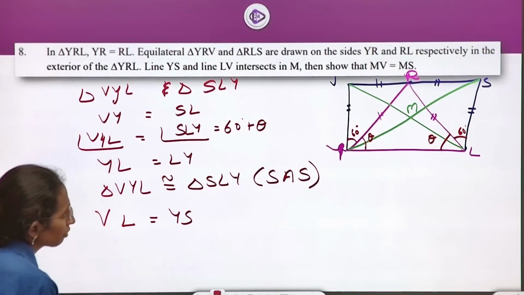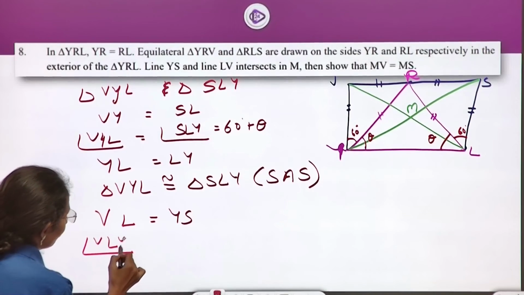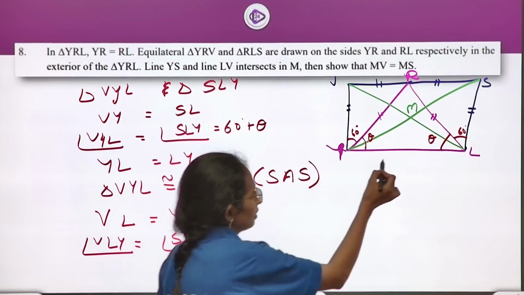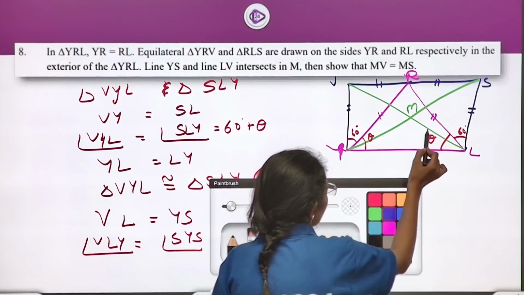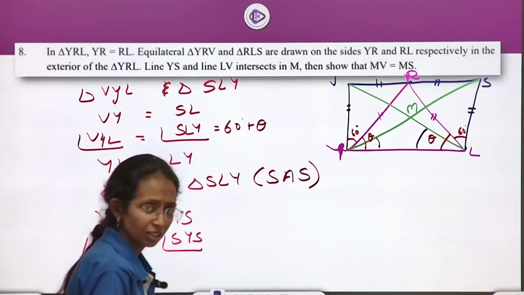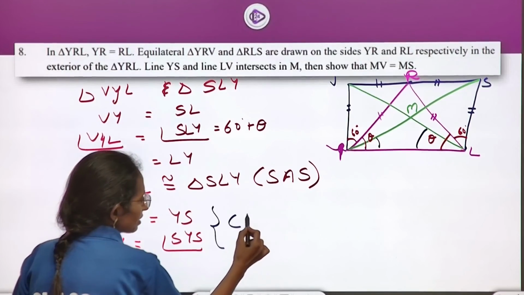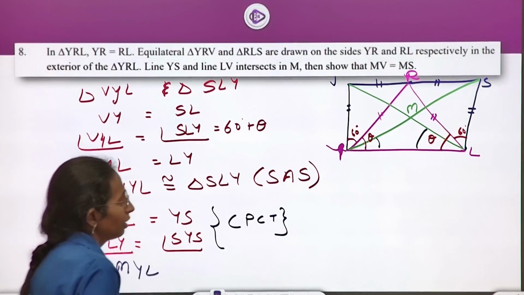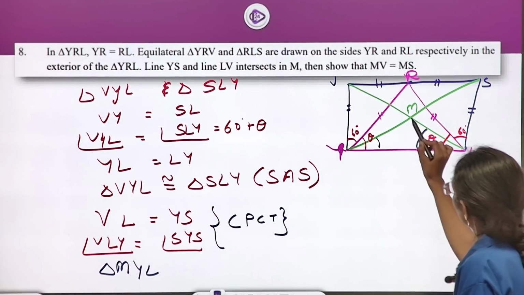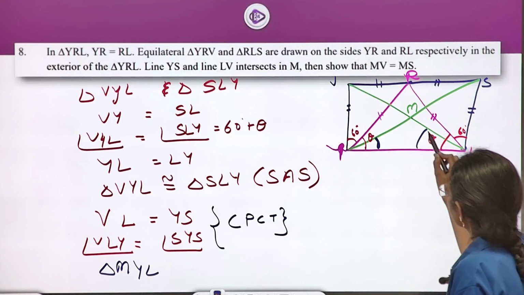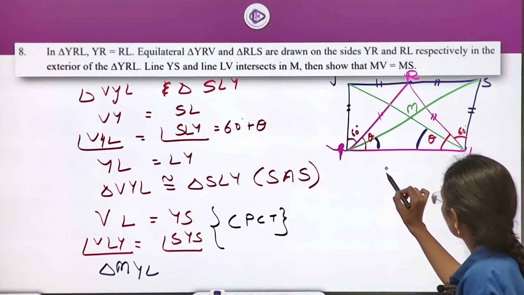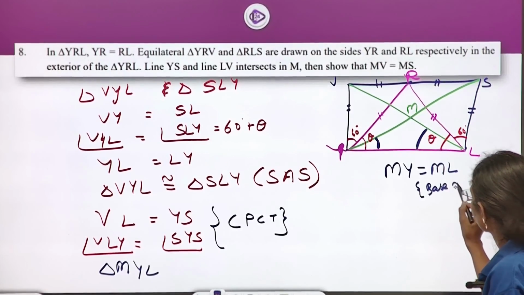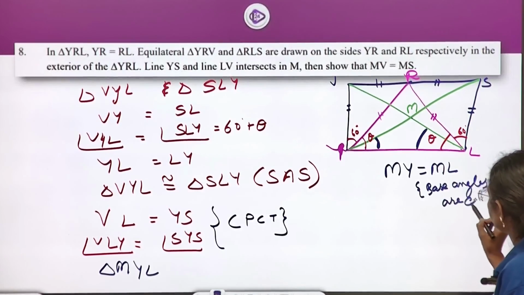Okay, so by CPCT, we will get that VL is equal to YS, and one more thing we will get is angle VLY is equal to angle SYL. These two angles will also be equal by CPCT. Now, observe triangle MYL. Since these two base angles are equal, we have MY equal to ML because the base angles are equal.